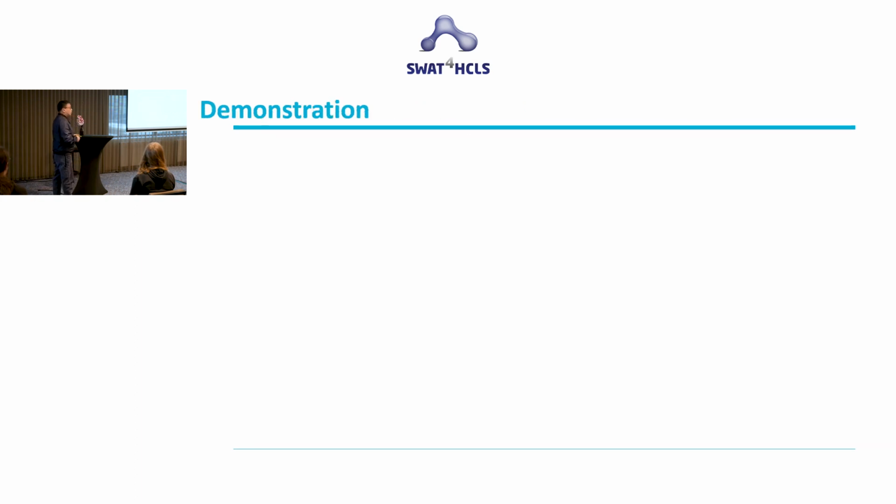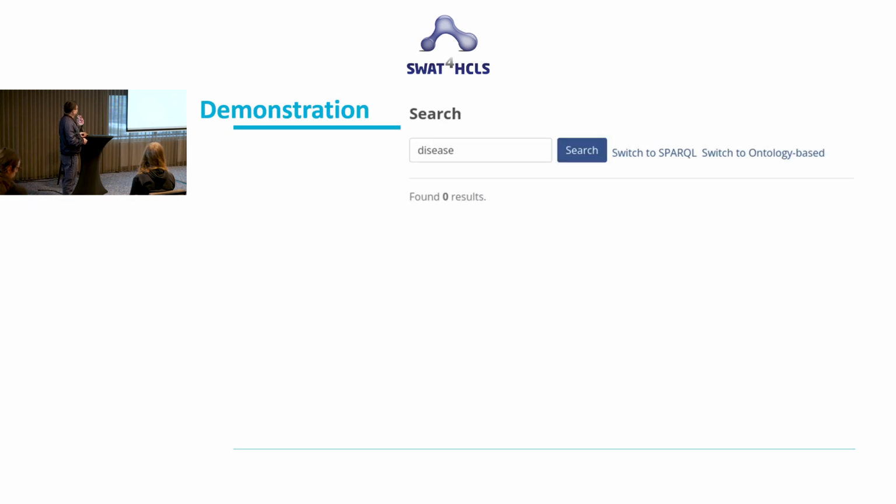Then this comes to the results, the demonstration. The first figure shows the reference implementation of FAIR Data Point. Here you see that if we search for "disease" in this implementation, it will find 0 results.